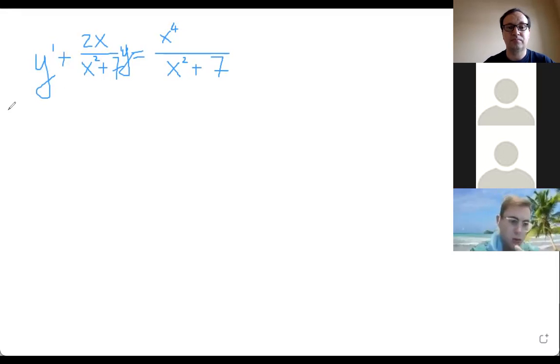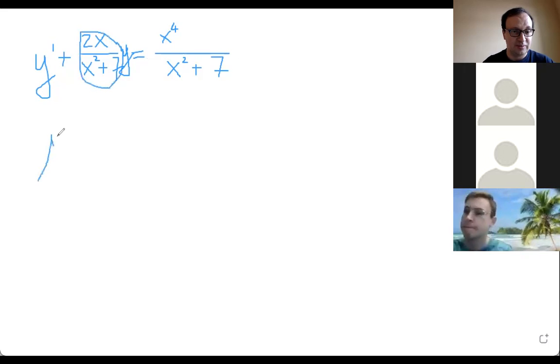Out of all these terms, now the most important one is the coefficient of y, so 2x over x squared plus 7. And we need to integrate it in order to find the integrating factor.